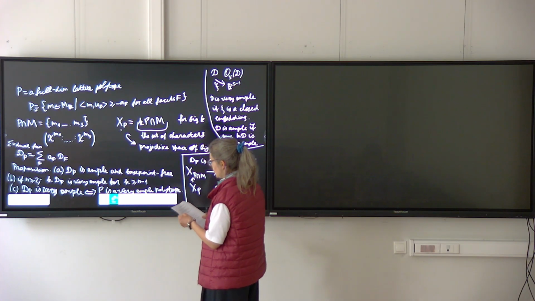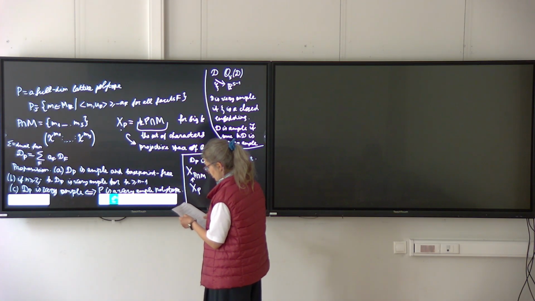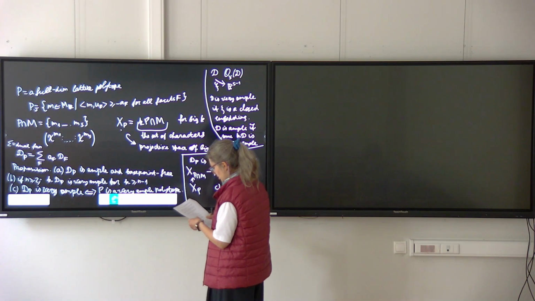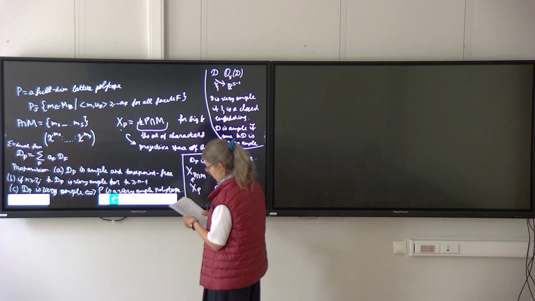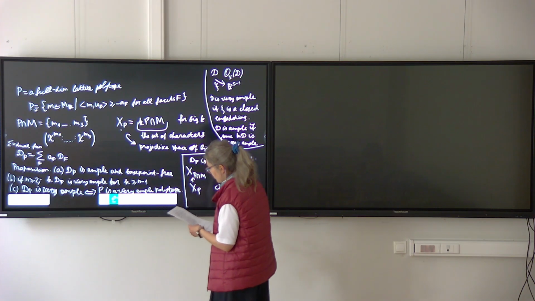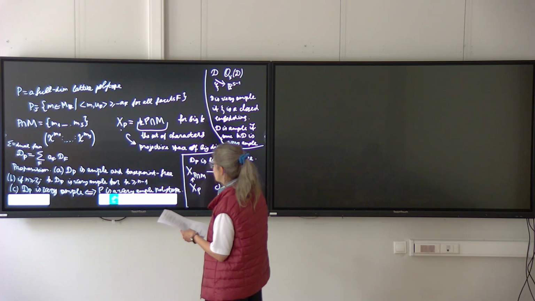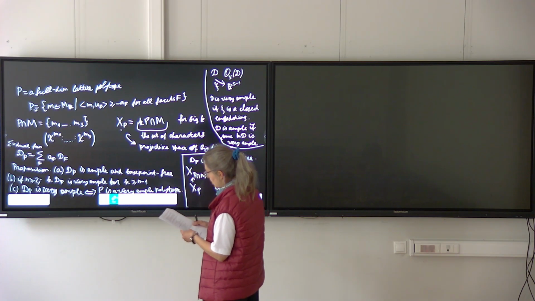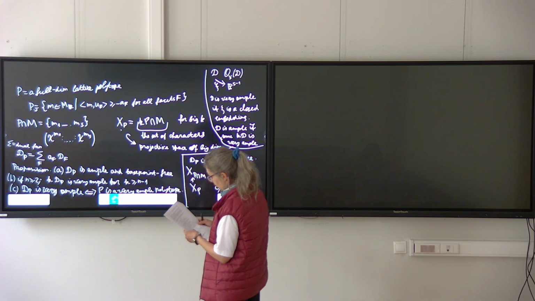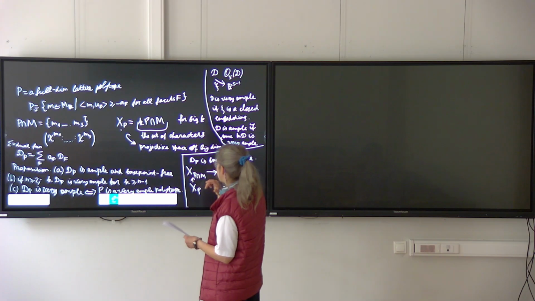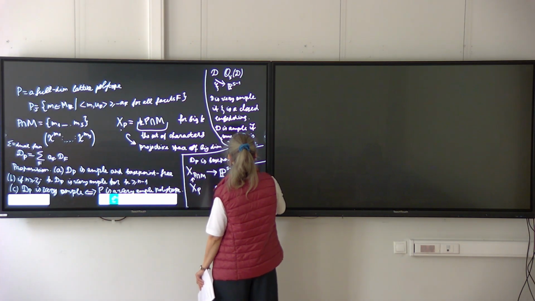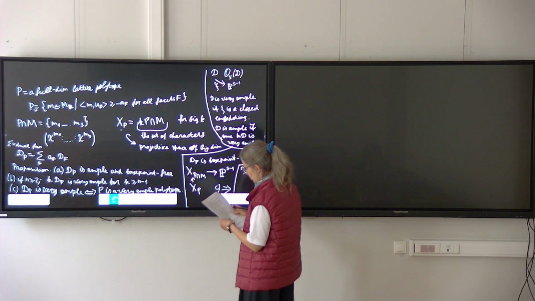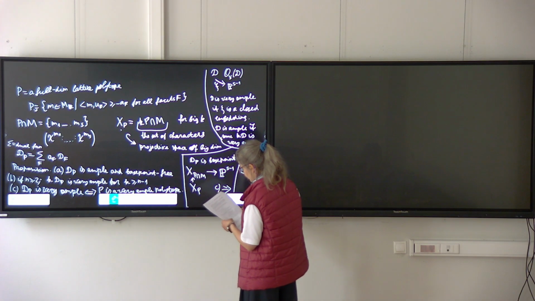Now, what about A? Suppose that P is any polytope. We can always multiply it to make it very ample.